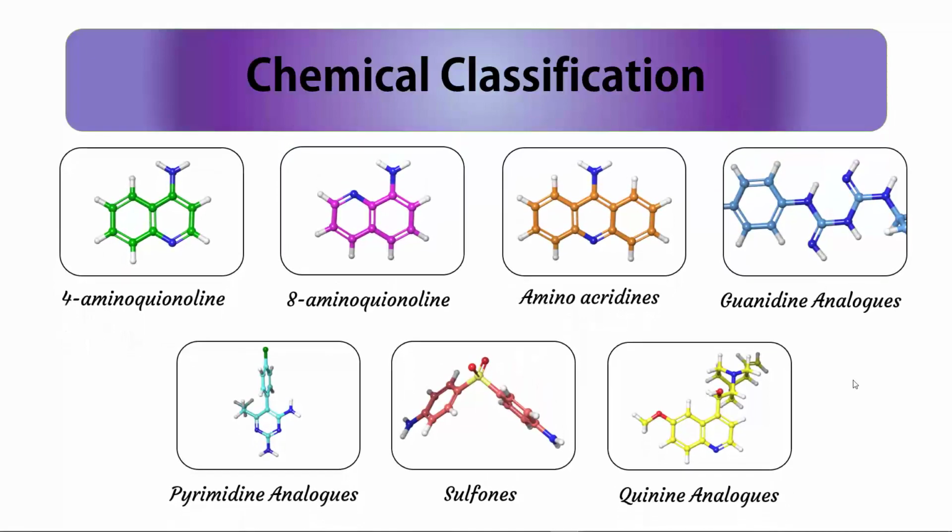In the case of chemical classification, we divide it into 8 sections. The first is 4-aminoquinoline. The second is 8-aminoquinoline. Both are called aminoquinoline analogues classification. The next are aminoacridine, guanidine analogues, pyrimidine analogues, sulfone analogues, quinine analogues, and at the last, new antimalarial drugs.